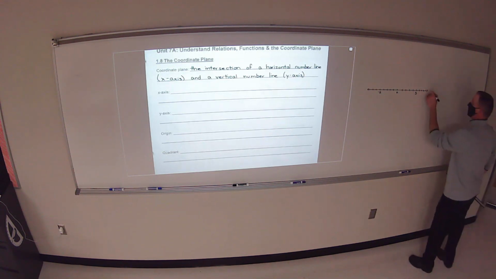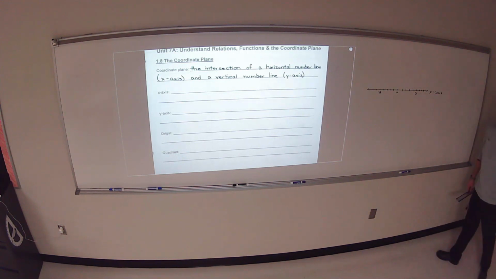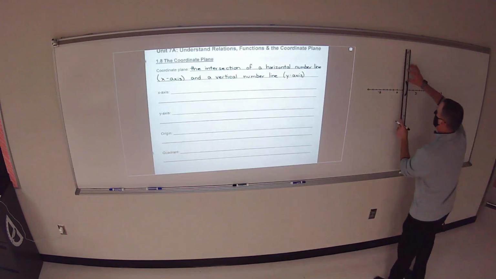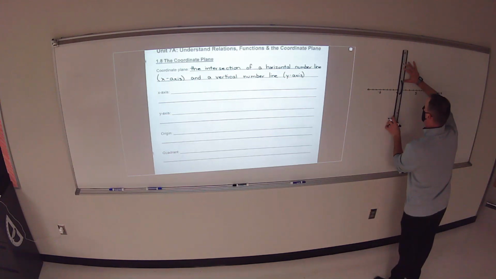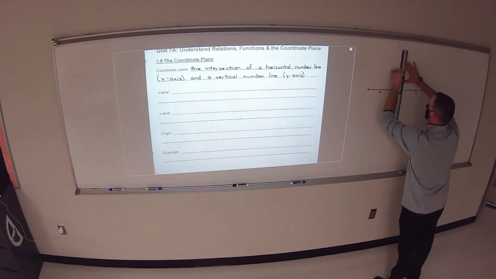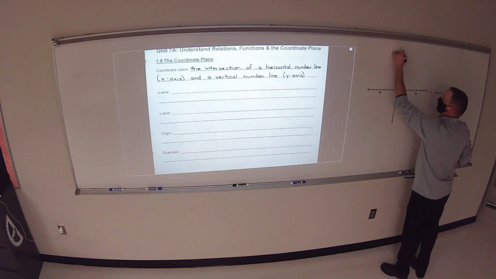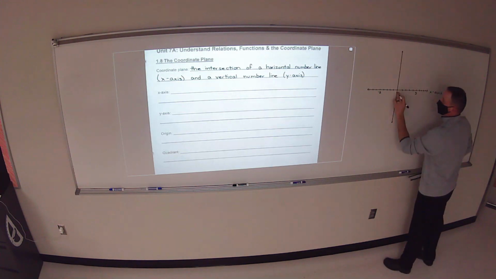This is what we refer to as our x-axis, okay? Because we're going to take this one and combine it with another. So if that's my horizontal number line, now we're going to take a vertical number line and intersect it with this one. Now, this number line has our negative numbers down here.